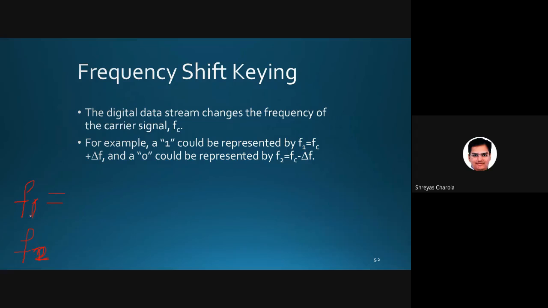Here F1 stands for Fc plus K of m of t. Now this m of t represents the message signal, what you are sending as binary bits.